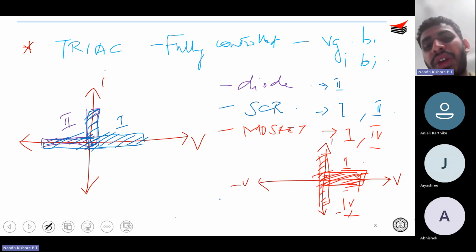Like this, you can always do switch realization. You can have combinations of these and try to identify where the switch is operating. I think we solve problems on that as well.